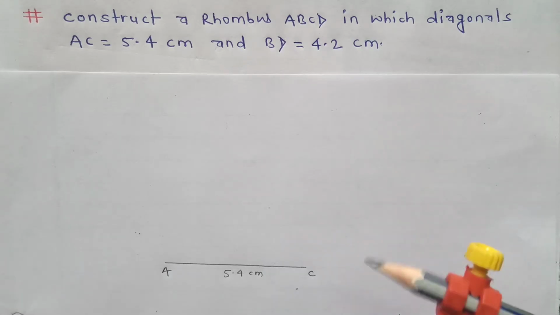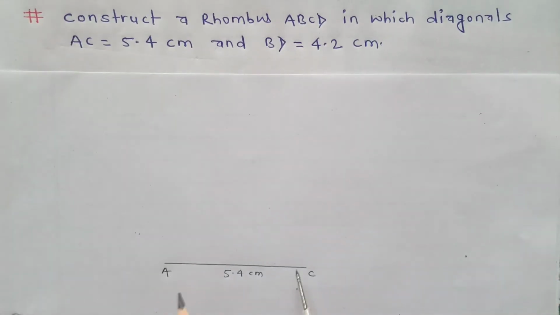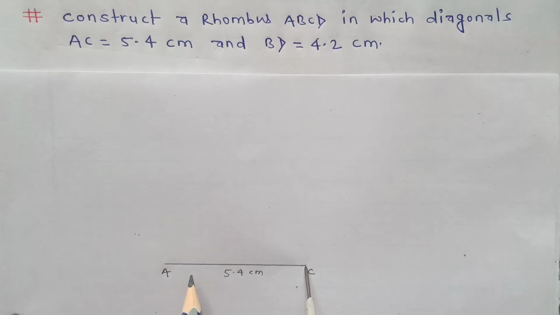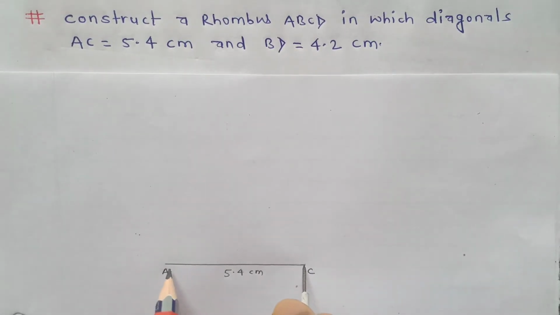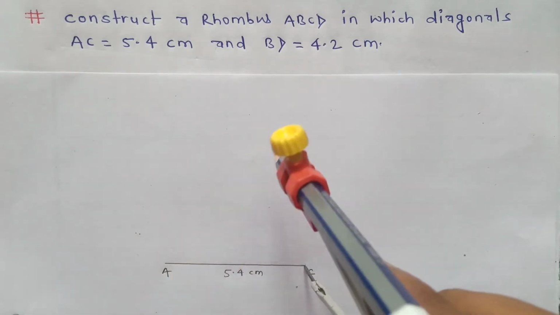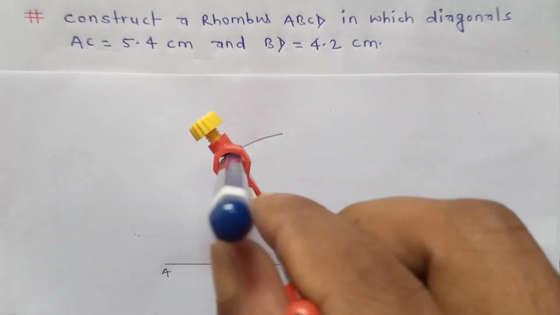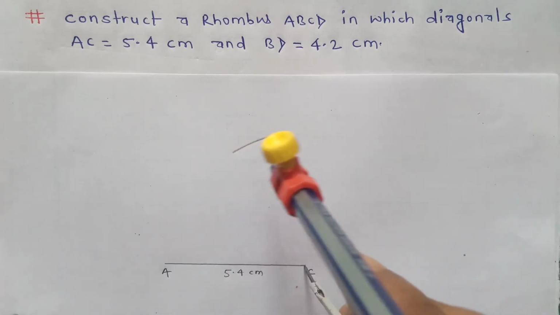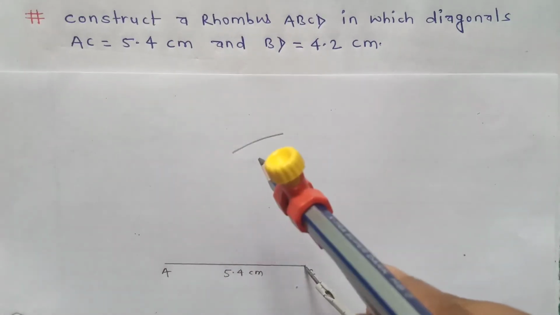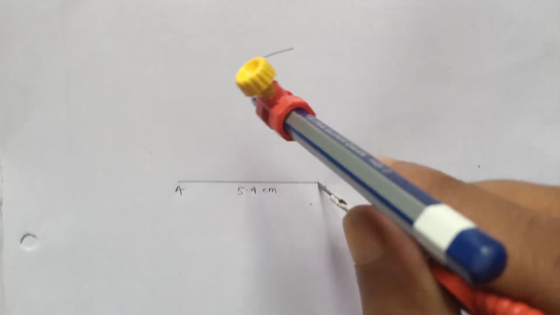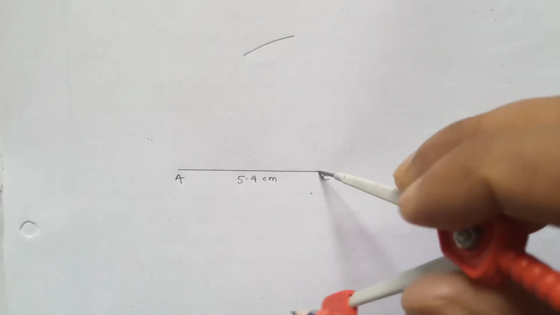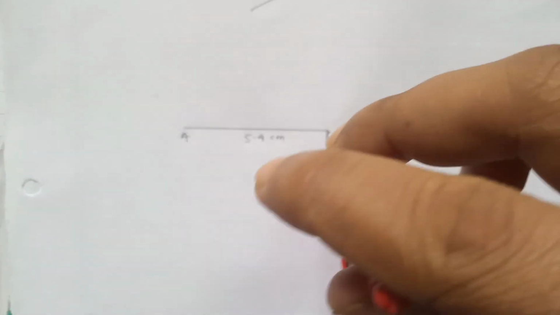Now fix the compass from C to A, and bisect each other. Bisect the upper part, and the lower part also, like that.